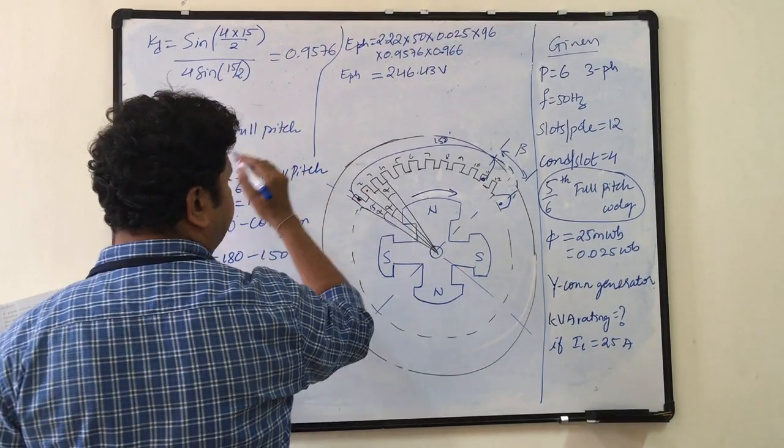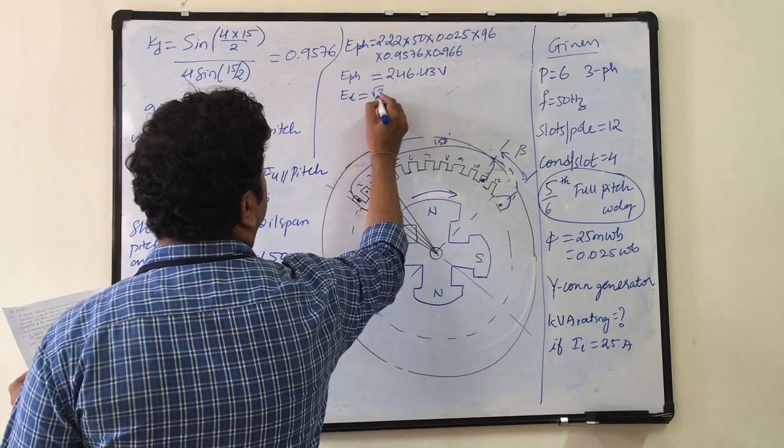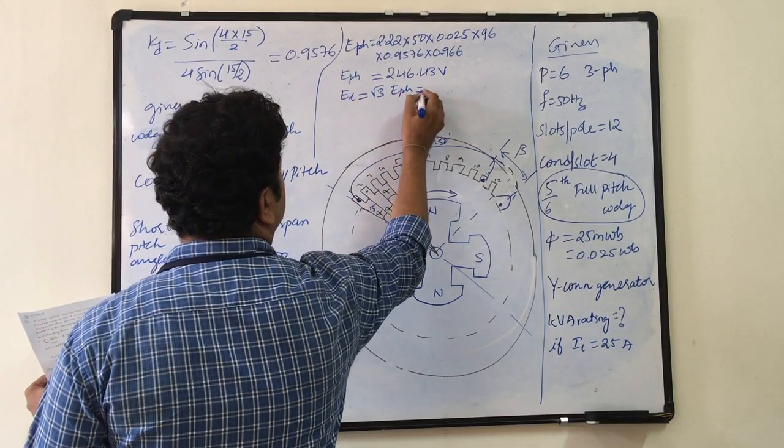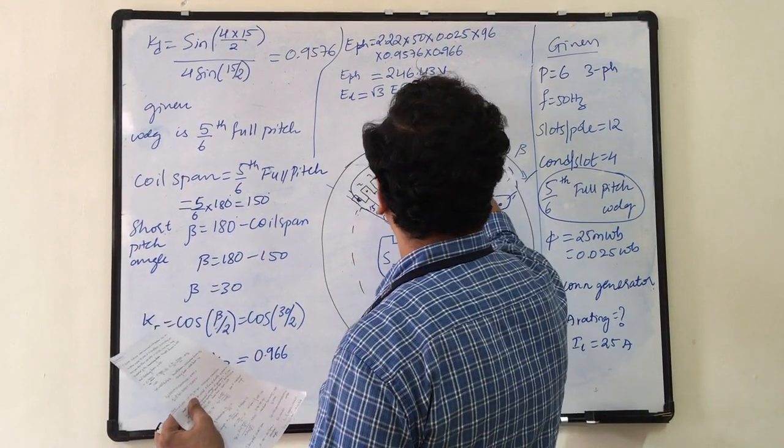Then what is EL? It is root 3 EPH. This will be equal to 426.83.